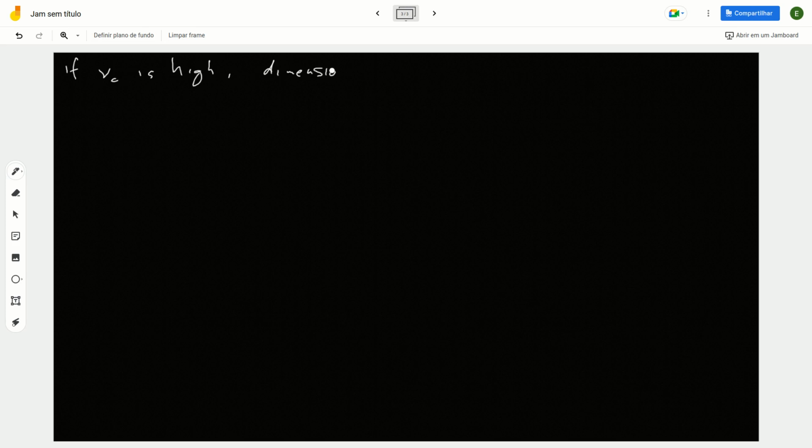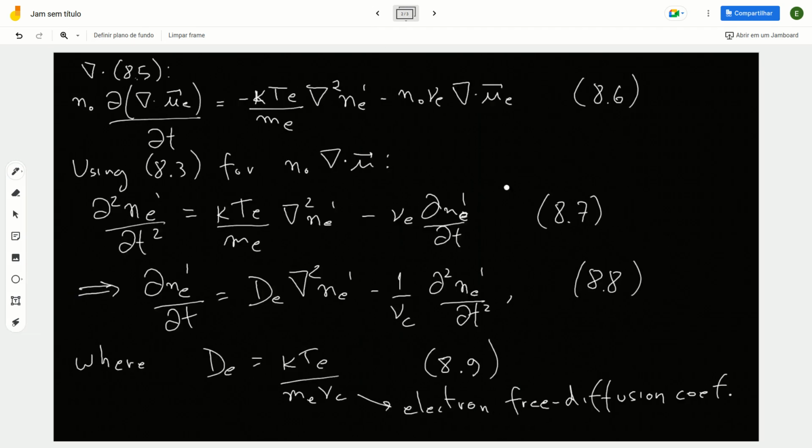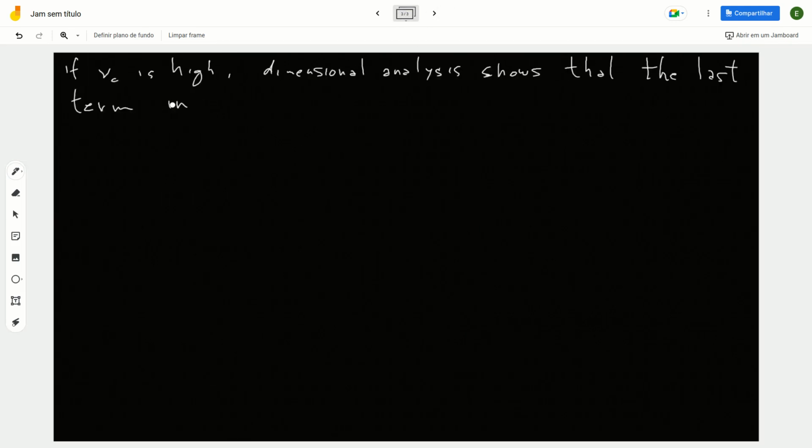This is shown in the book: dimensional analysis shows that the last term in 8.8 can be neglected.